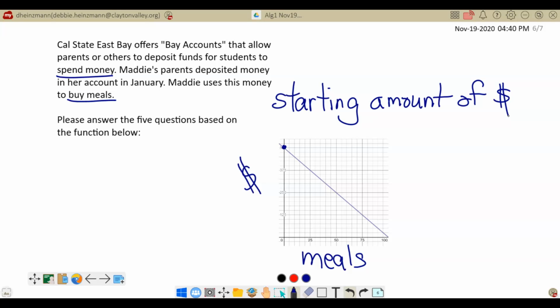So let's talk about the x-intercept. Will this graph have an x-intercept? Sure looks like it will, right down here at the edge of the graph. And what do you think that x-intercept means? Well, it means 2 things. It tells you 2 pieces of information. It indicates that Maddie is out of money.